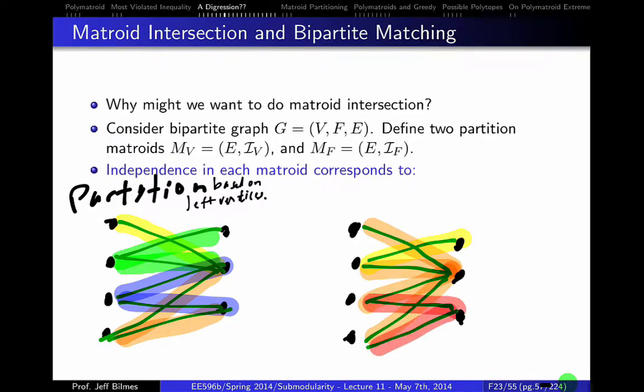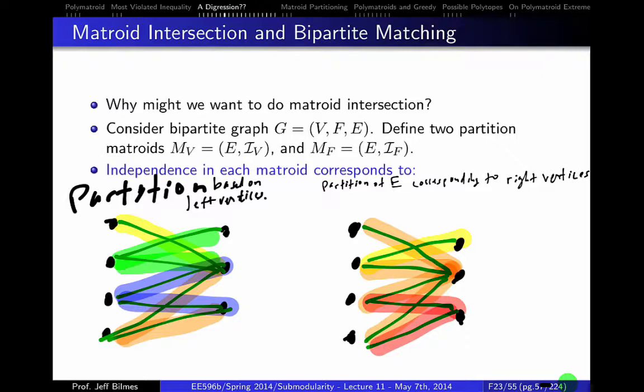Okay, so there's two partitions of the set of vertices, right? Okay, everybody clear on that?